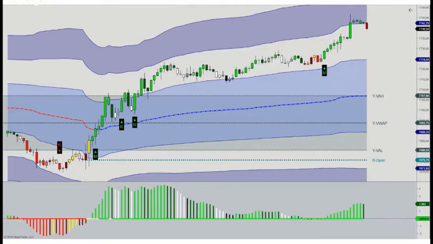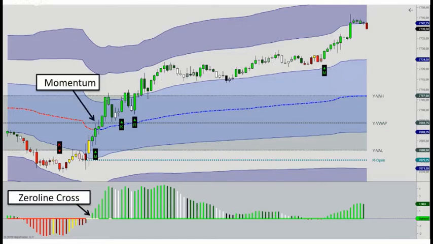For momentum setups, we look for a decisive cross of the zero line, taking out the high and the low of the most recent consolidation area. See here, this is setting a new high when compared to the most recent look back period.